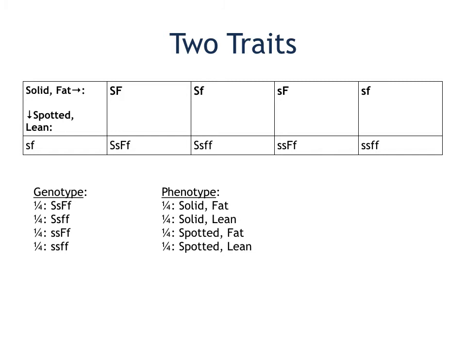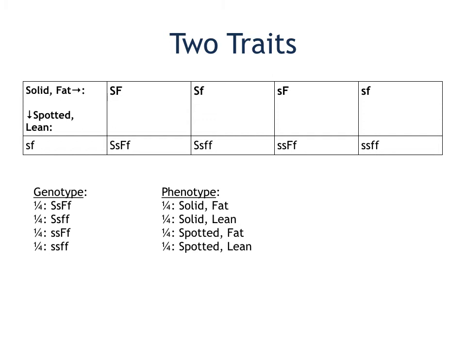Then in our second box from our solid fat cow, we inherit the gamete that is a capital S and a lowercase f, and it mates with our all lowercase bull. So we end up with a solid, capital S, small s, and a small f, resulting calf. So it would be solid and lean, right?